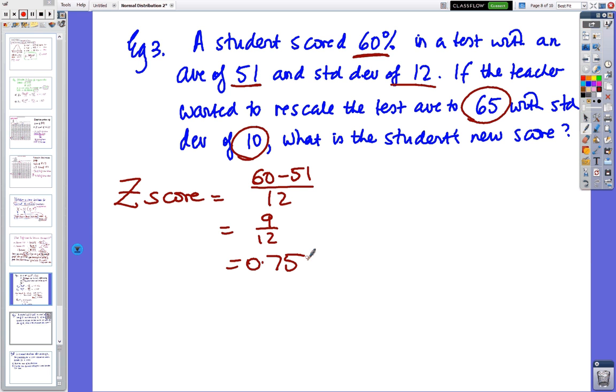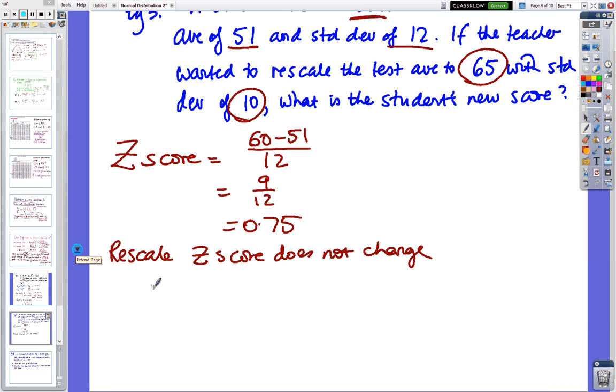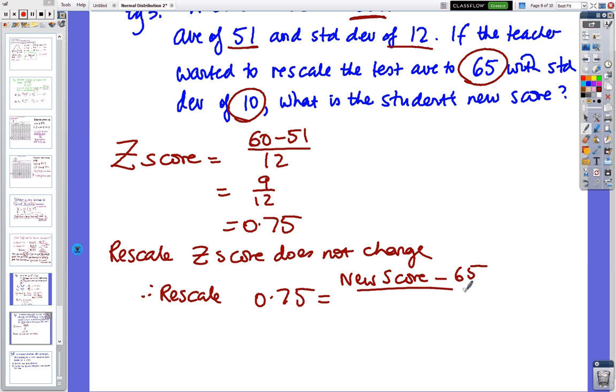Okay. Now, when you rescale, Z-score doesn't change. Okay, that's all you're doing is changing what the score is. You're not changing the Z-score. So, in the rescale, 0.75 equals the new score minus the average, and the average is 65, divided by a standard deviation of 10.